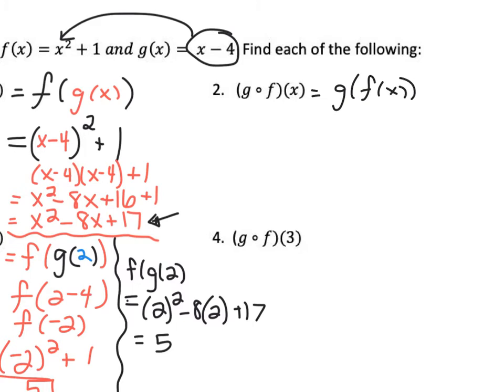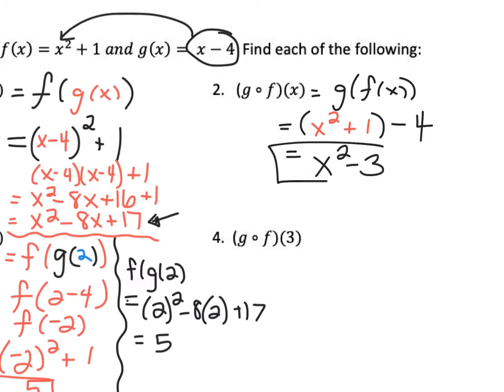This time we are plugging in everywhere there is an x, so I have x minus 4 for g of x. I'm going to plug in f of x, which was x squared plus 1. And I just combine my like terms, and this gives me x squared minus 3. So good notation here would be g of f of x is equal to x squared minus 3.